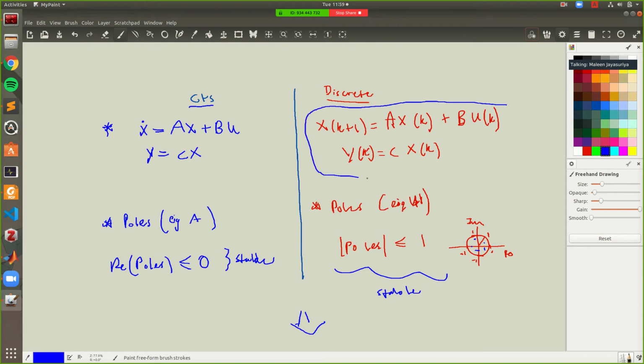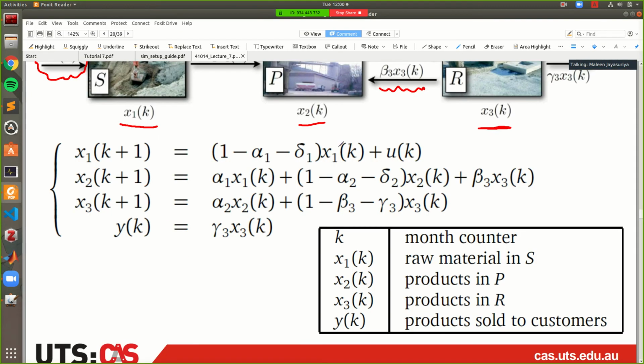We need to put it into this form. So you can see all you have to do is take x1k out, and so our A matrix, basically xk plus 1, which is this column, is going to be equal to a matrix where it's 1 minus alpha 1 minus delta 1.